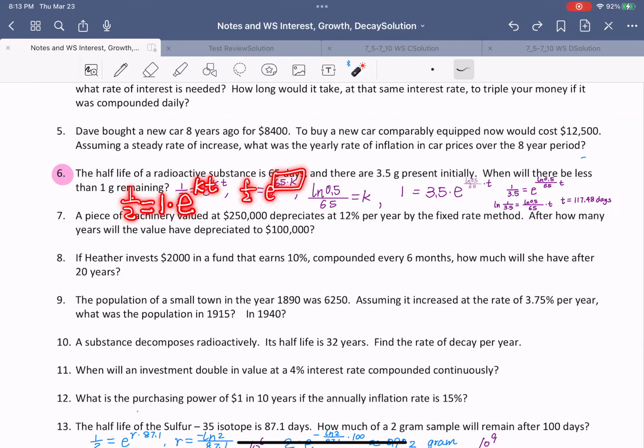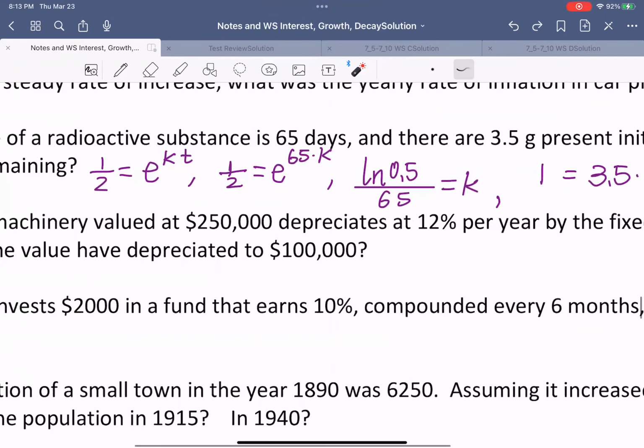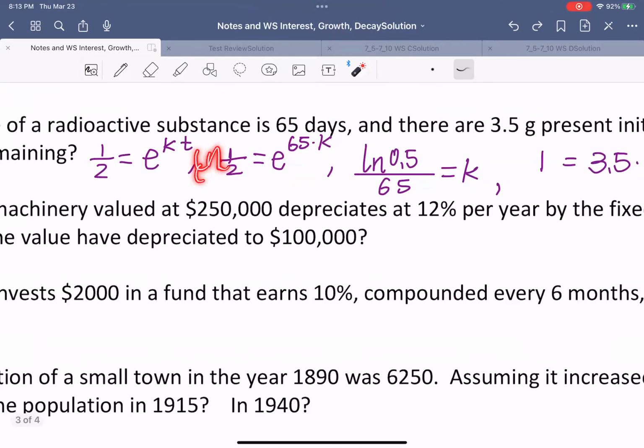You want to take the ln of both sides. If you do this ln and you do this ln, you know this guy you can pull in front, right? Ln of e is 1. So you have ln of 1/2 equals this, correct? Yes. Ln of 1/2 is just ln 0.5. And you divide by 65. This is k.